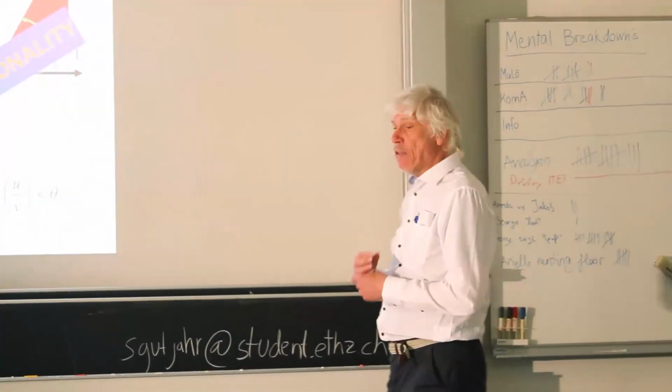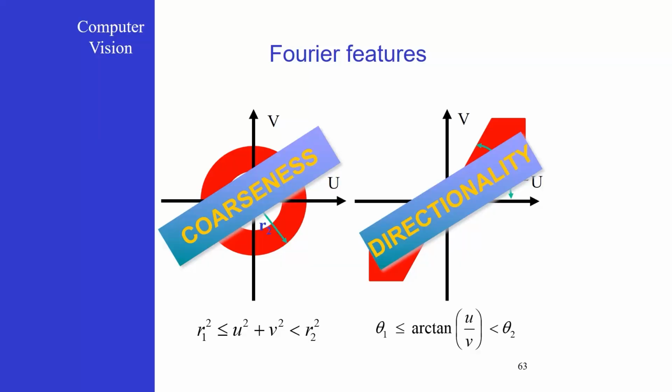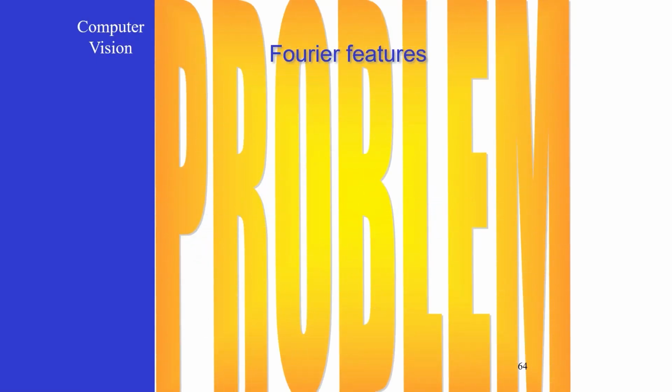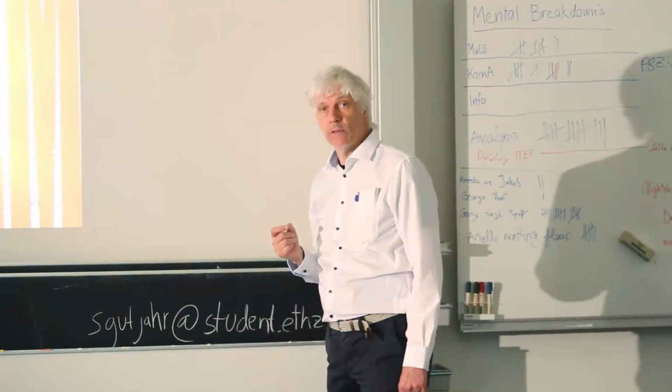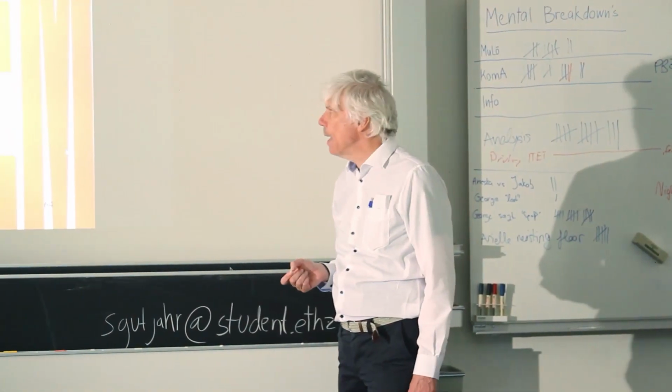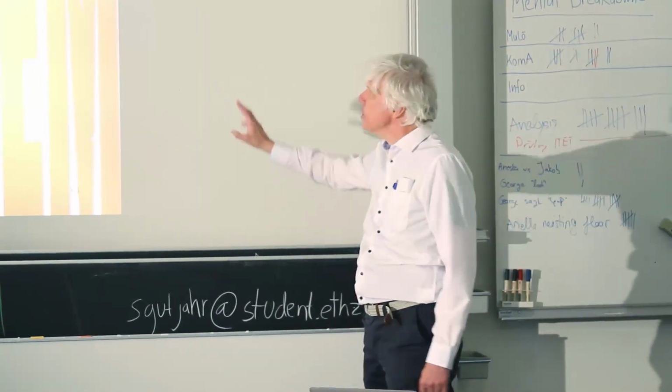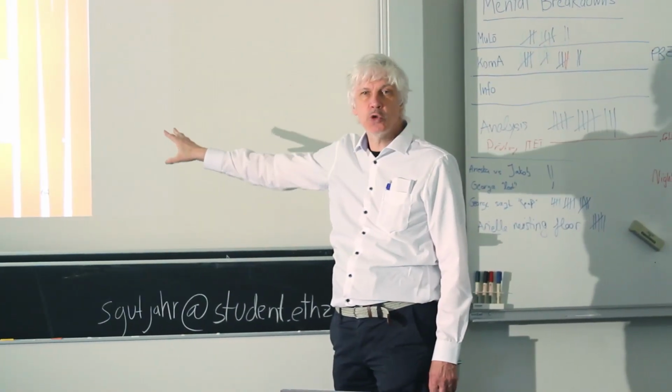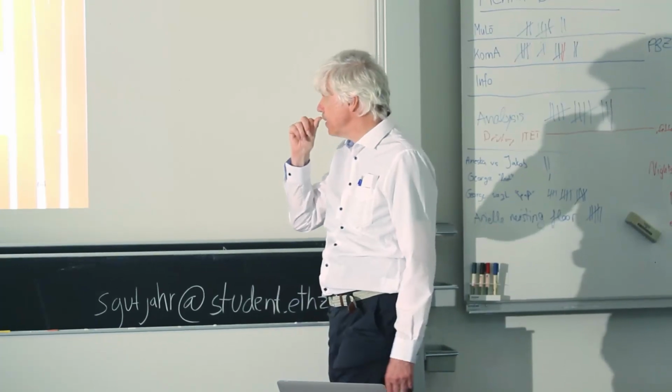Okay, so Fourier features seem to be actually very well suited. Now, that also came out to be true. You can use these Fourier features with good effect, with a high performance, but there is a problem, and actually a huge problem for most practical applications.